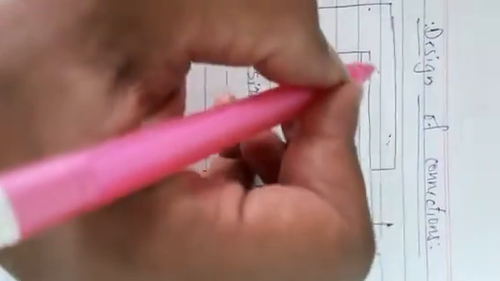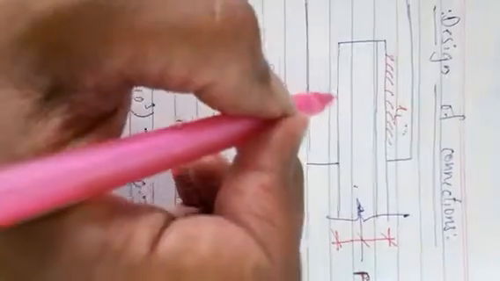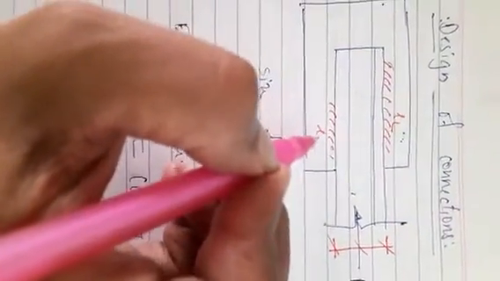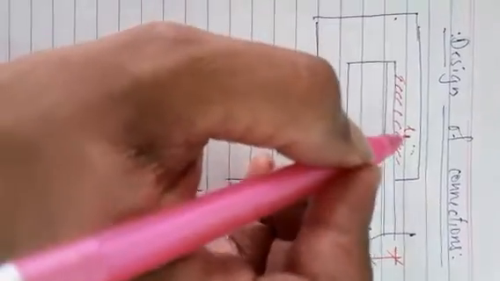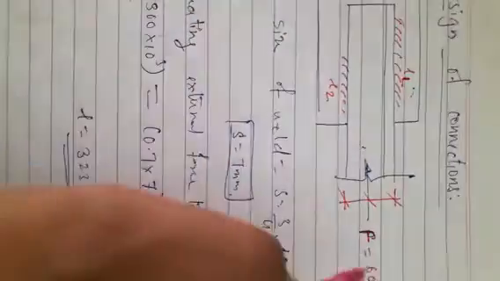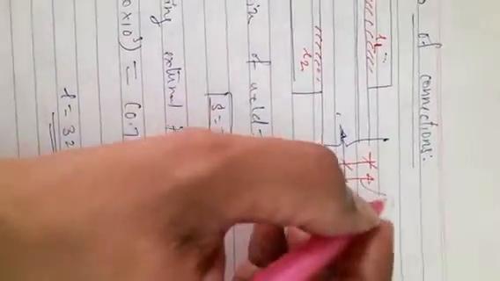And this length, I have to distribute among L1 and L2. Let this side length be L2, and this is L1. Bigger side is L1, smaller side is L2. Let its CG axis be CXX. From the steel tables I get this CXX value as 69.6 mm.